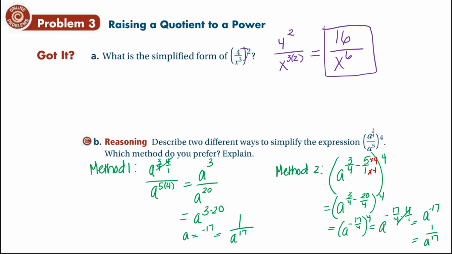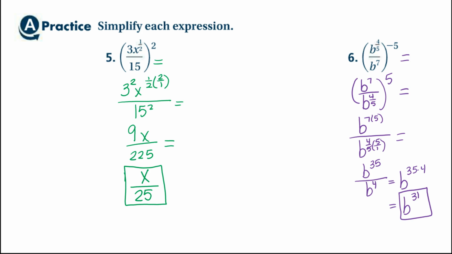All right, let's go ahead and look at the answers to questions 5 and 6. On question 5, you had 3x to the 1/2 divided by 15, all to the 2nd power. I went ahead and distributed the 2 to each term first before I simplified. So 3 squared x to the 1/2 times 2 over 1.